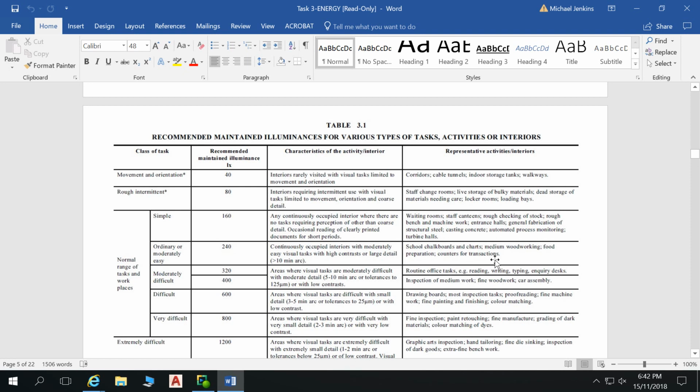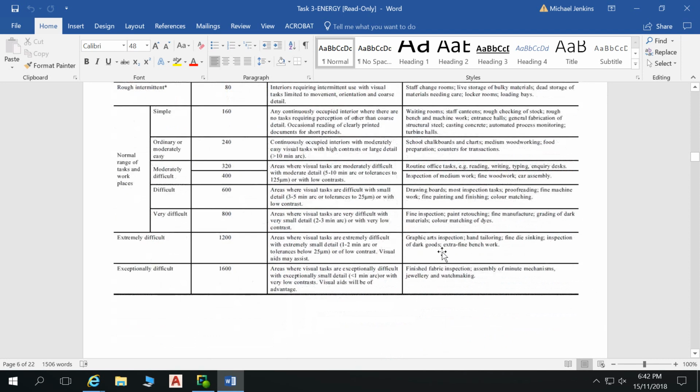For school rooms, so in here, 240 lux, which is probably what we're at for this. And then routine office tasks, reading, writing, typing, inquiry desks, 320 lux. Inspection of medium work, fine woodwork, 400 lux, etc., and it goes on.